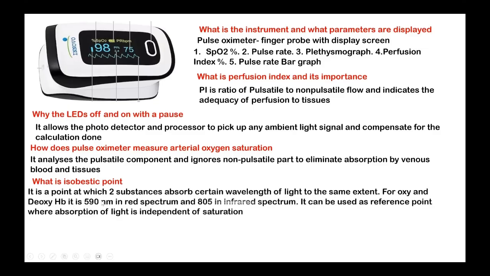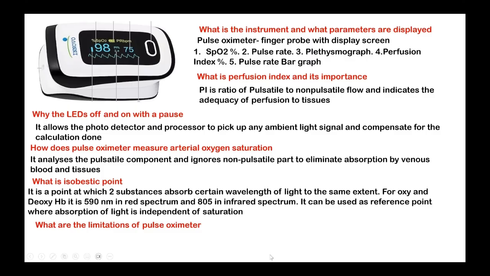It is a point at which two substances absorb a certain wavelength of light to the same extent. For example, oxy and deoxyhemoglobin, it is at 590 nanometer in the red spectrum and 805 in the infrared spectrum. It can be used as a reference point where absorption of light is independent of the saturation. That is the reason why it was used here.